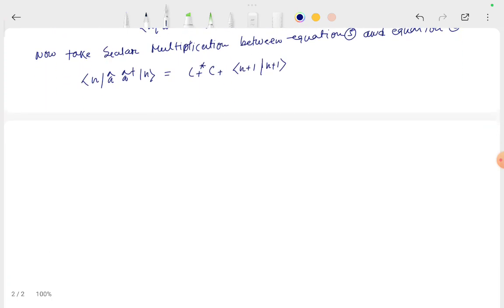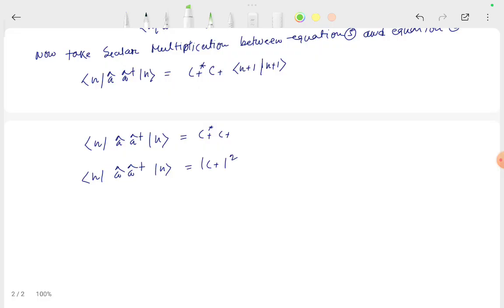So we get the value <n|a a dagger|n> equals c plus complex conjugate c plus. So finally we get a a dagger on n ket equals |c plus| squared.